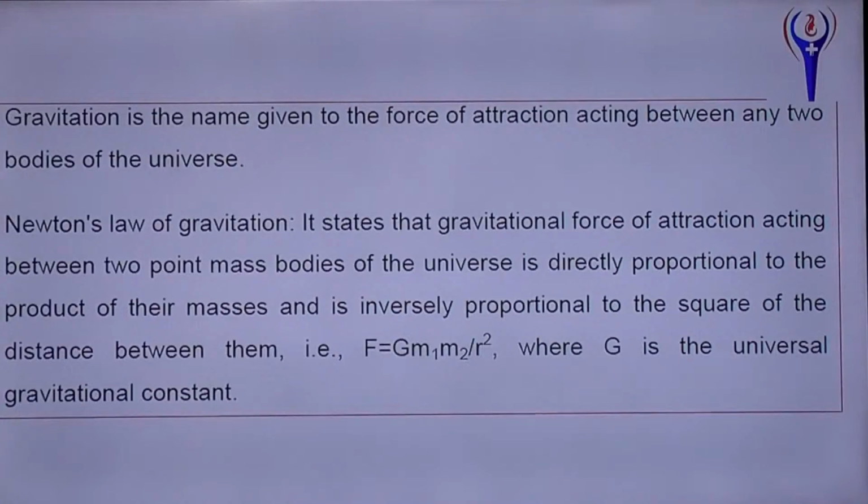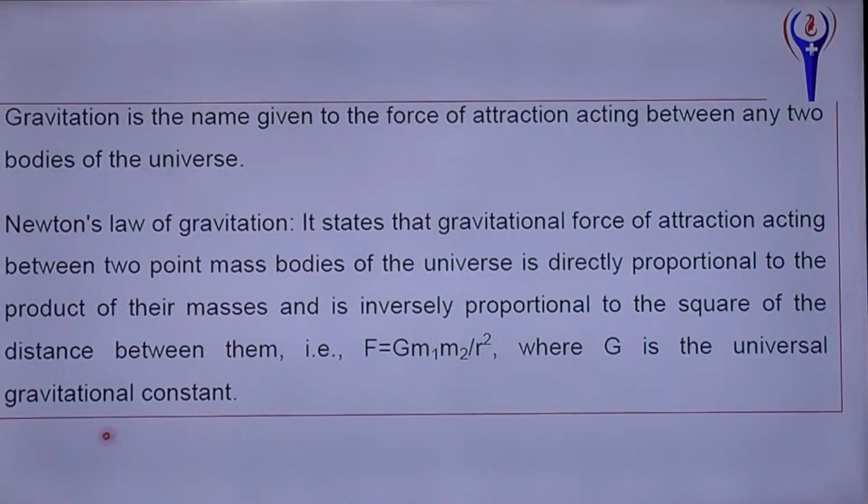Newton's law of gravitation states that gravitational force of attraction between two point masses in the universe is directly proportional to the product of the masses and inversely proportional to the square of the distance between them. That is F equal to G into M1 into M2 by R square.